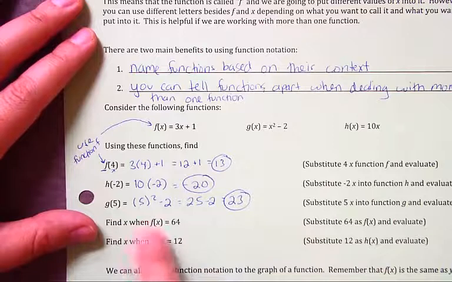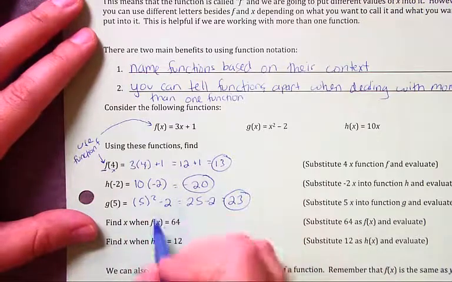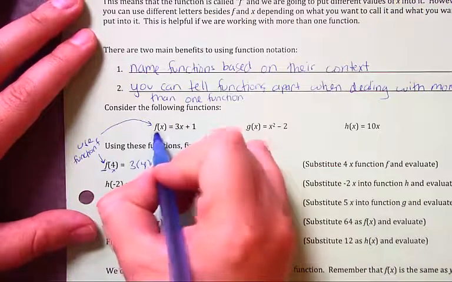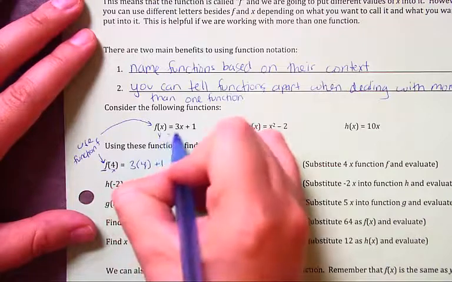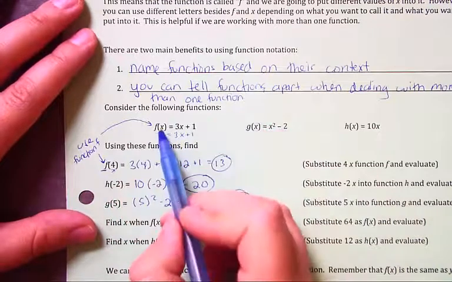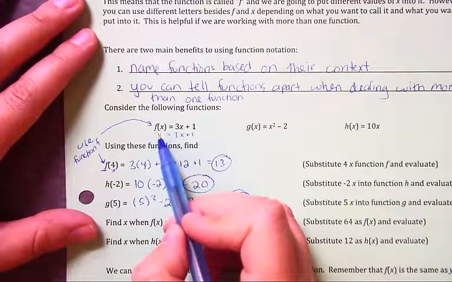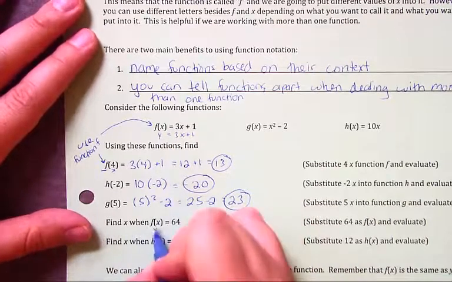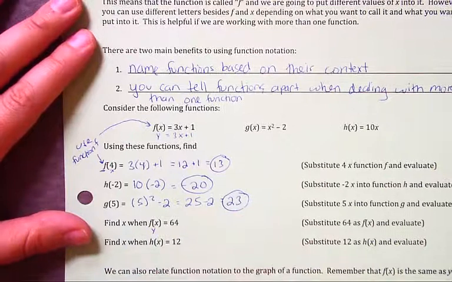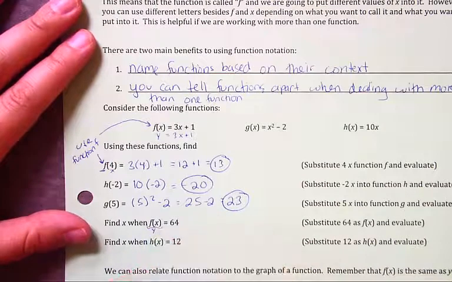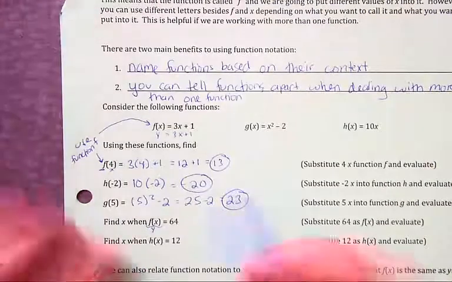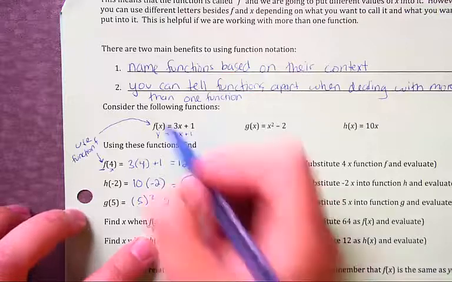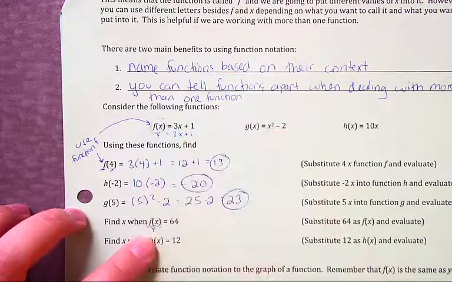Down here, these two are a little bit different. Because we could also write this as y equals 3x plus 1, f of x is just another way to write y. This is actually saying find x when y equals 64, because f of x is really just like y. So we're actually going to put 64 in to where f of x is.